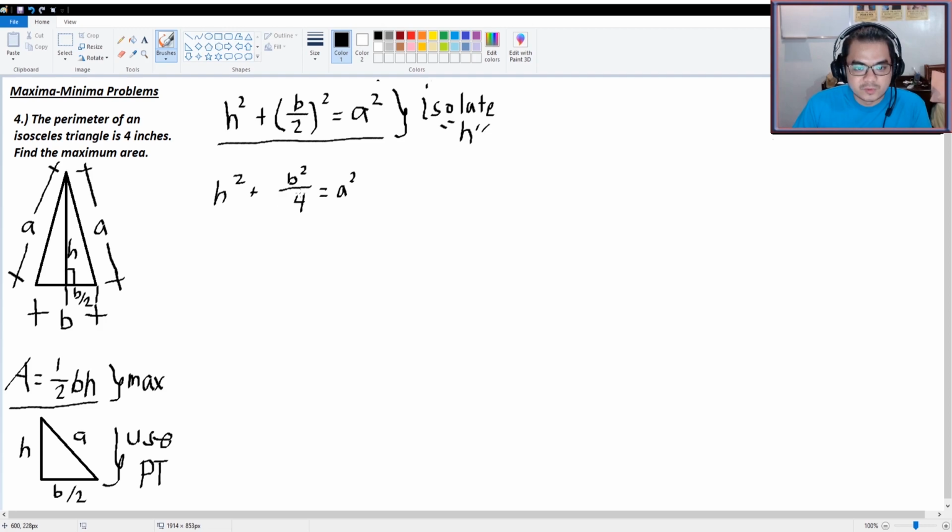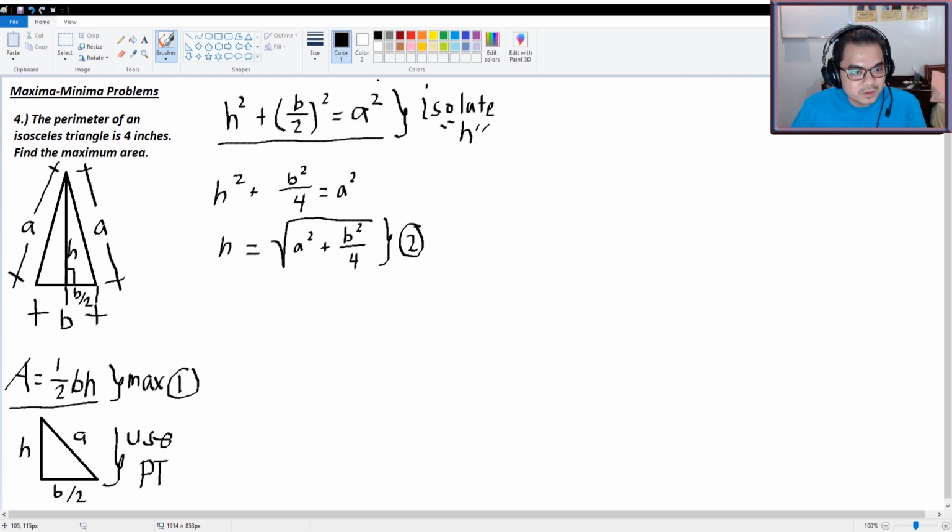So we can just transpose B squared over 4. You'll have H equal to A squared minus B squared over 4. Okay. Of course, to eliminate the squared here, all you have to do is just square root both sides. Okay. So this is your H. Then next, let's say this is our equation 1, the area, and this is your equation 2.